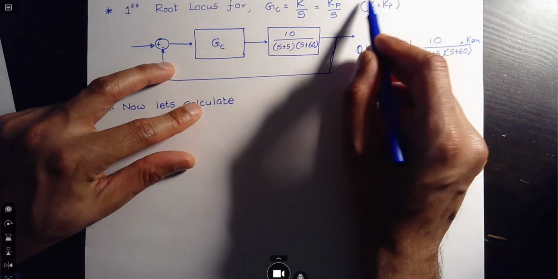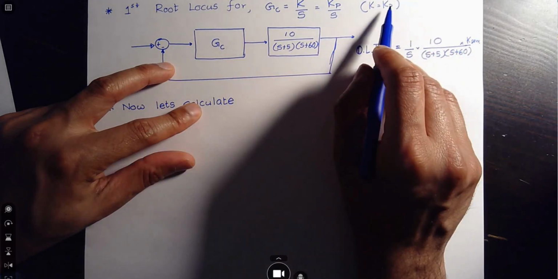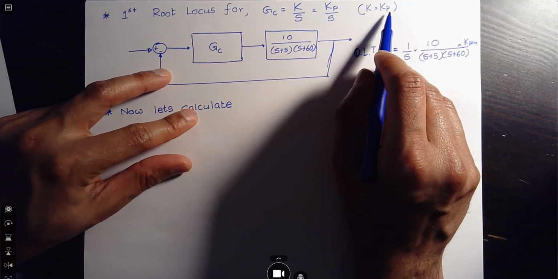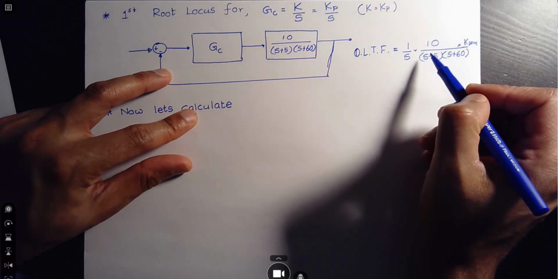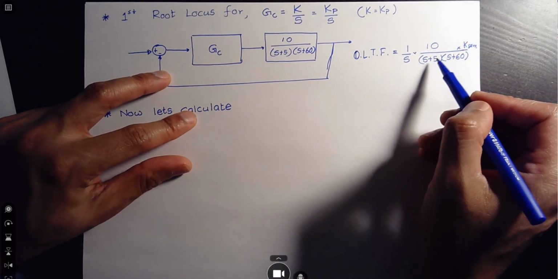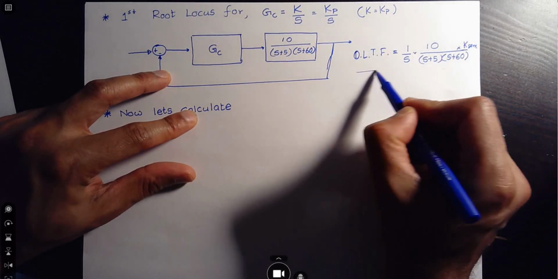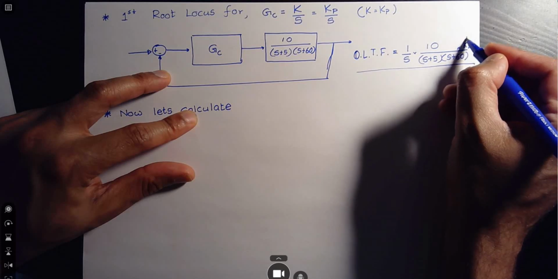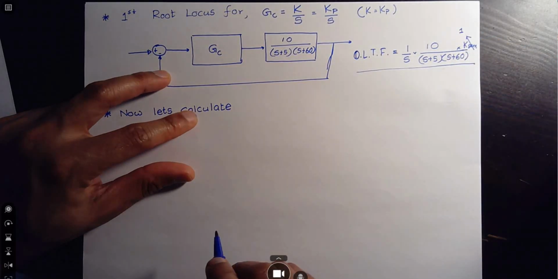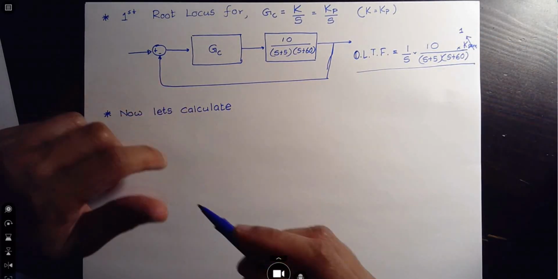And you don't usually include this in the root locus, because MATLAB takes care of that automatically. So this is the open loop transfer function that we are going to use. In my case, the feedback gain is 1 because there's no feedback gain.